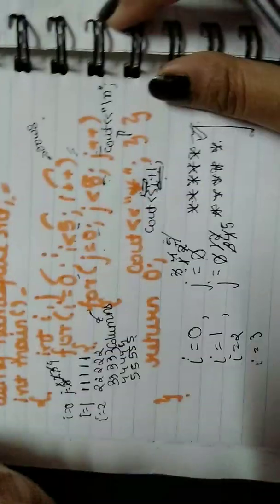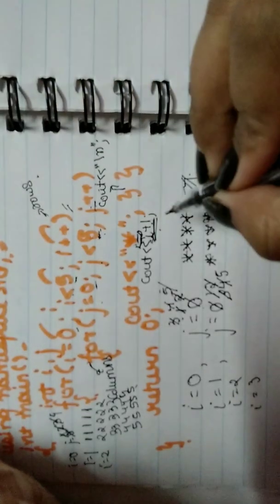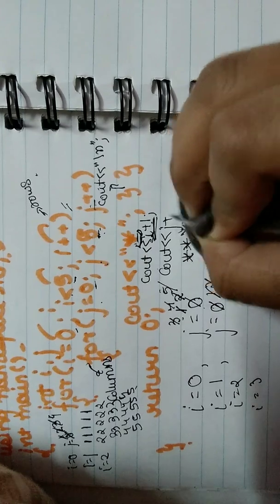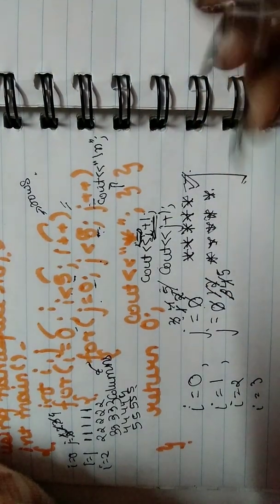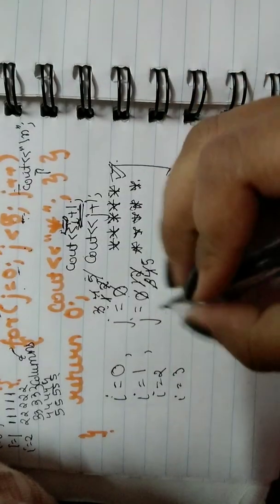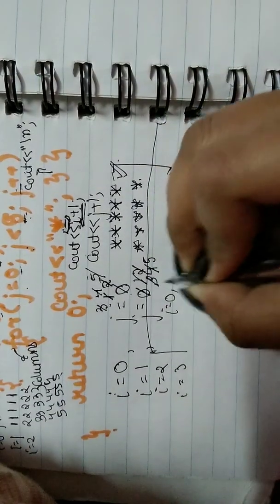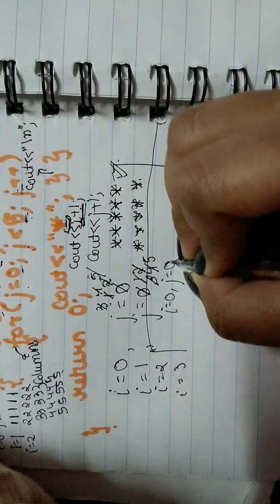So what we will do here is, instead of cout i plus 1, we will put cout j plus 1. Now we will do a quick dry run of this. When i is equal to 0 and j is equal to 0, the condition is satisfied as j is less than or equal to 5.